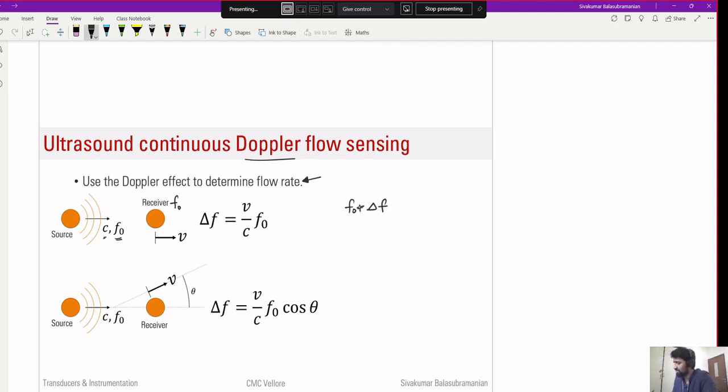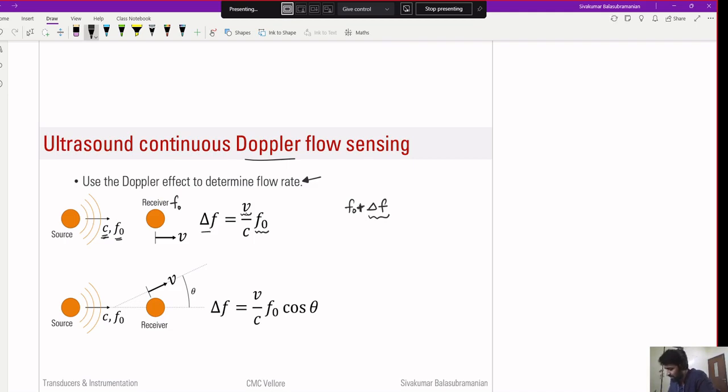There will be some change in the perceived frequency, and that change in frequency, delta f, is related to the speed of the waves, the original speed c, the original frequency, and the relative velocity between the source and the receiver.